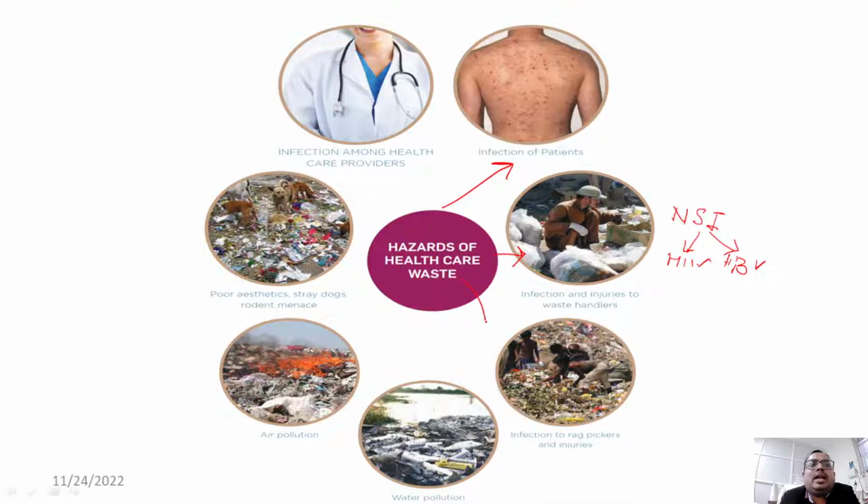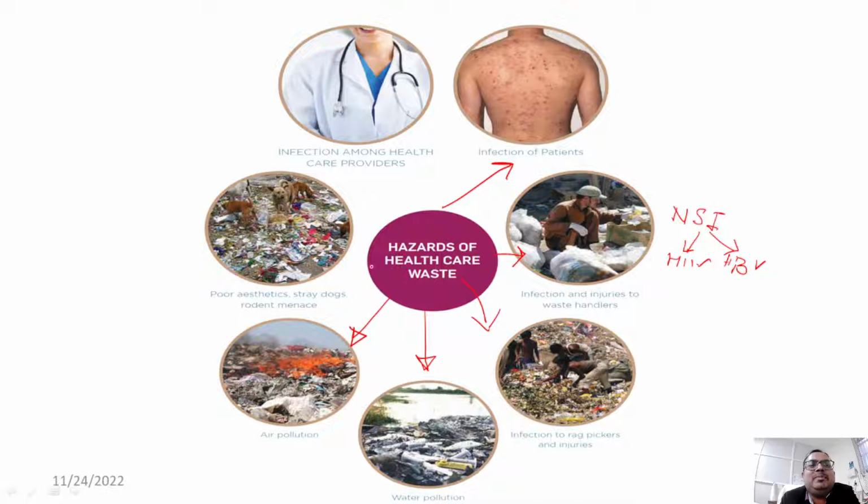Then infection to the rag pickers is also one of the major problems. Then the hazard which arises because of healthcare waste is also of water pollution as well as air pollution.